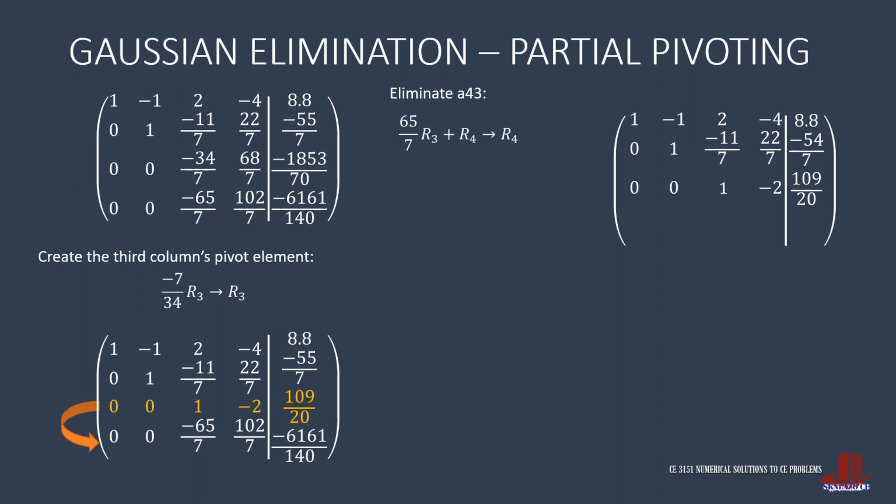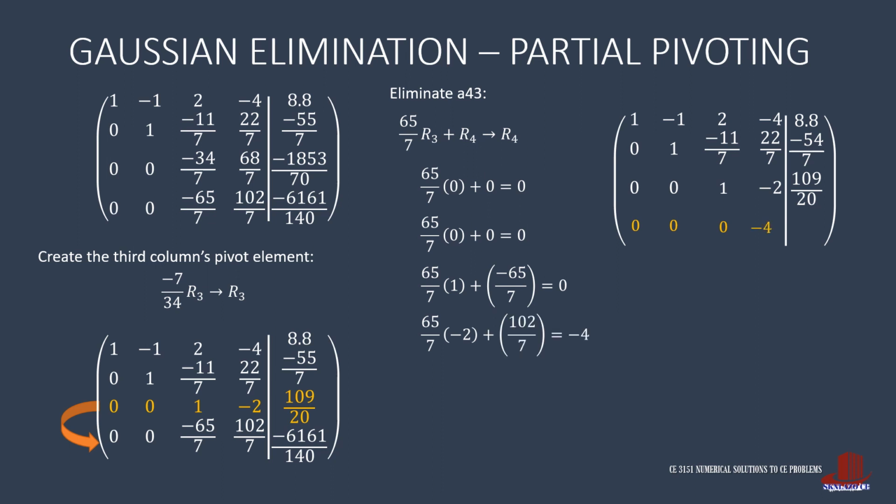Start with 65 over 7 of 0 plus another 0 to have 0. Then 65 over 7 of 0 plus 0 to have 0 again. The third element is computed as 65 over 7 times 1 plus negative 65 over 7, zeroing out element 4,3.